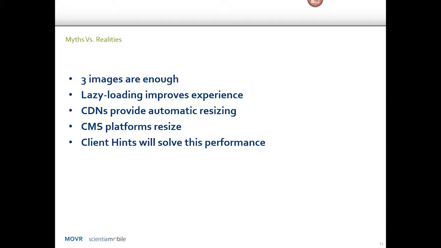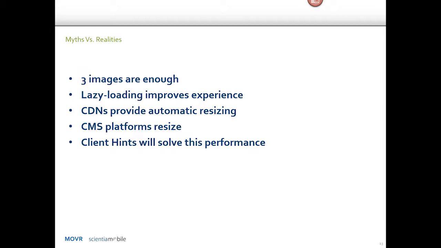In content management systems, once again, I think this gets back to the three images. A lot of them will resize 3 times and use standard breakpoints. Is that correct? Yeah, you have to decide upfront how many images and what sizes you want to create of the image, which is again an okay approach, but we never know what's going to happen in the future, right?